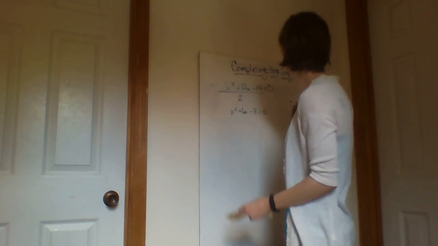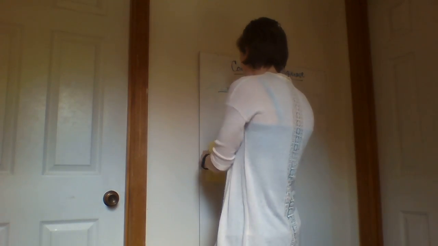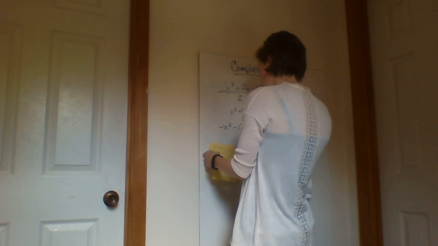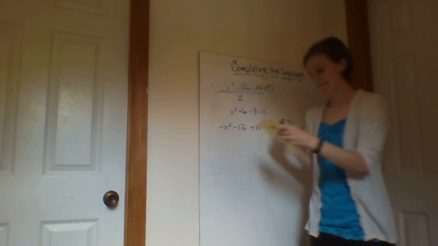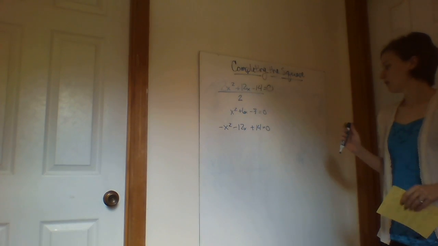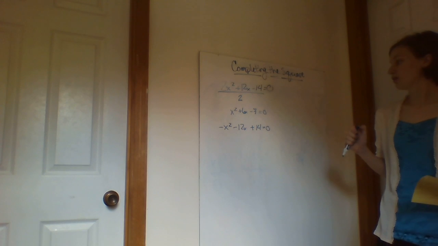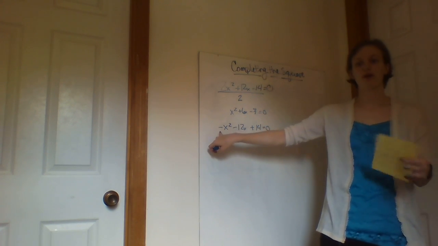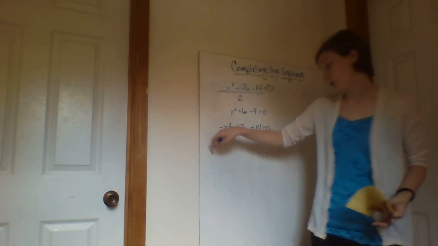And then another case we may run into is negative x squared minus 12x plus 14 equals 0. Obviously this is a negative one, not a positive one. We would like to have a positive one.